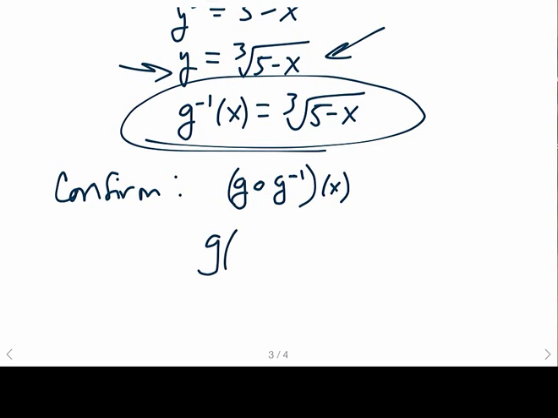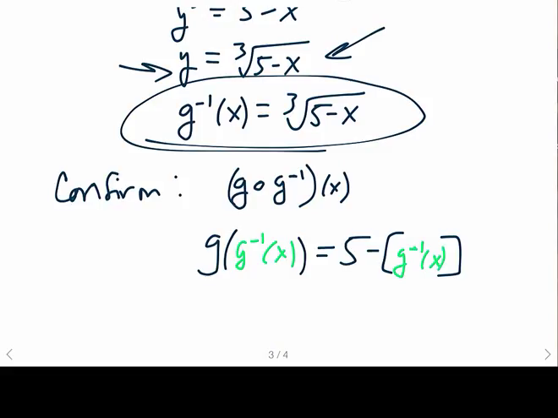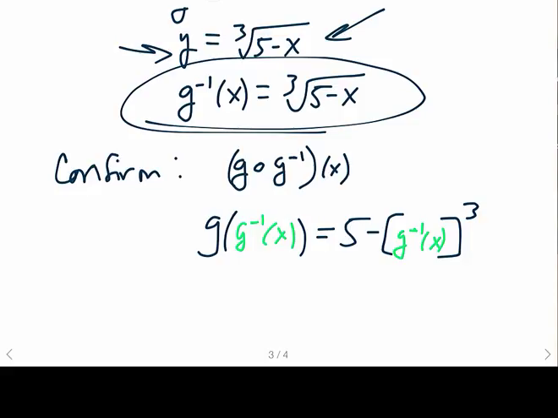So g of g inverse of x should be 5 minus g inverse of x cubed. And since the inverse that we found is the cube root of 5 minus x, we have 5 minus the cube root of 5 minus x, cubed.